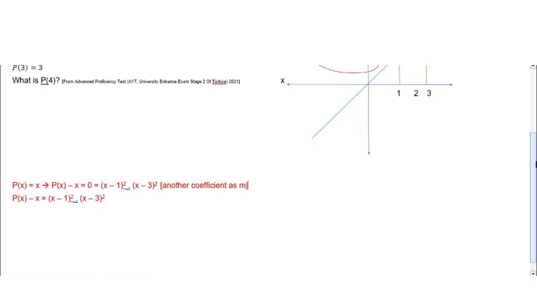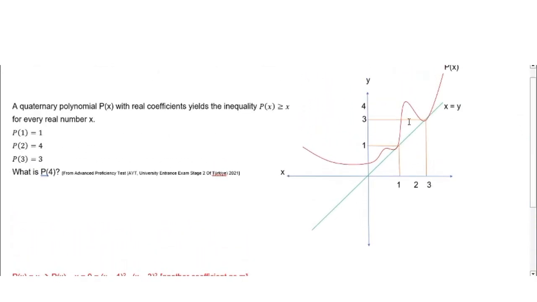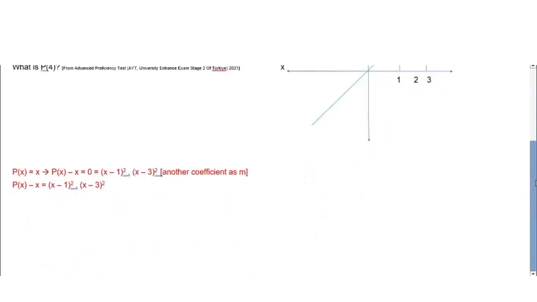Why am I doing this? Because we know that at some point, like P(2) equals 4, we have another coefficient which makes this inequality become greater than x. I mean P(x) is greater than x, right? So we have another coefficient m. So m times (x minus 1) squared times (x minus 3) squared is P(x) minus x.